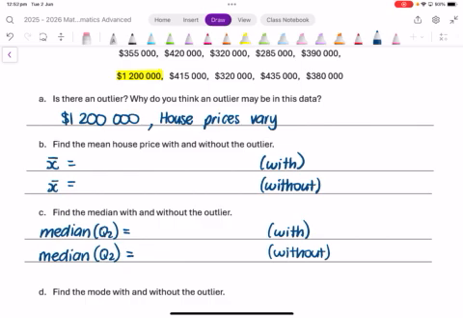Are you sure? Okay, write it down then. I got 452. Oh my god. What have I done? With it, the median is the Q2. You might have to scroll down to find the Q2.